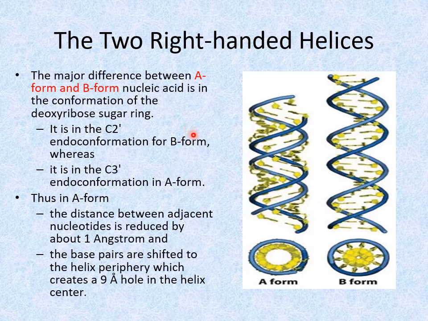Now, since C2' endo conformation is in B form and the C3' endo conformation is in A form, and we have seen that in case of C3' conformation, the distance between the phosphate group and the 3' carbon reduces.